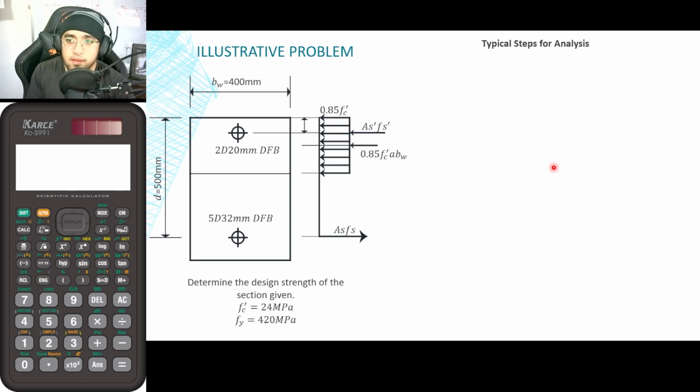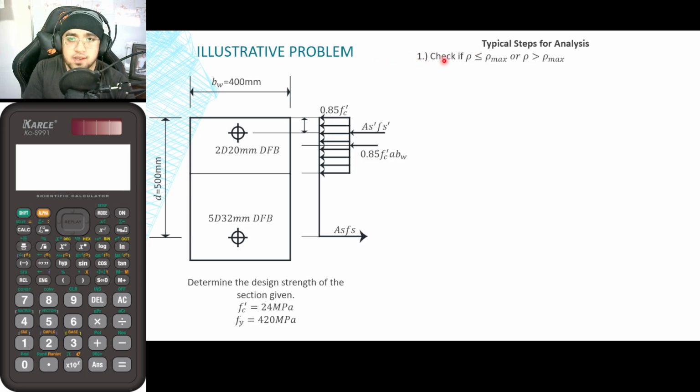Disclaimer, these are just typical. The first thing we can do is check if rho is less than or equal to rho max, or if it is the other way around. Rho is basically the steel ratio, and we compare it with rho max.